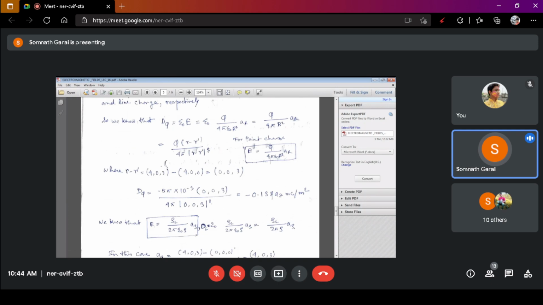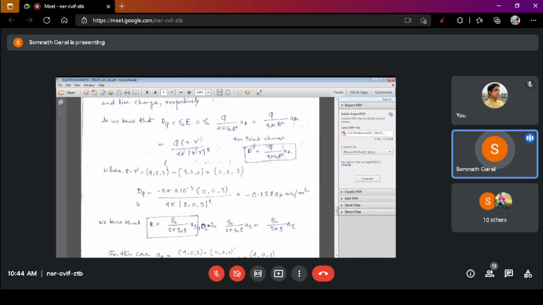You don't have to do this calculation, you can do it, I have written it for you. It is approximately minus 0.138 AZ, because it is only in the z direction, that means the magnitude is there, okay, only z direction, so the unit vector will be according to the z direction.